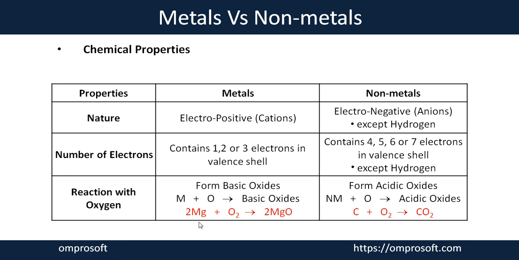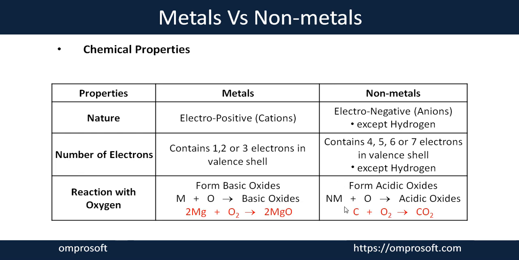For example, magnesium, when it reacts with oxygen, forms magnesium oxide and its nature becomes basic. According to the pH scale, basic nature ranges from more than 7 up to a pH value of 14. So whenever a metal reacts with oxygen, it shows basic character.